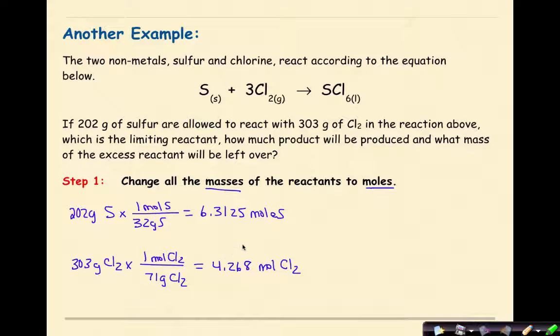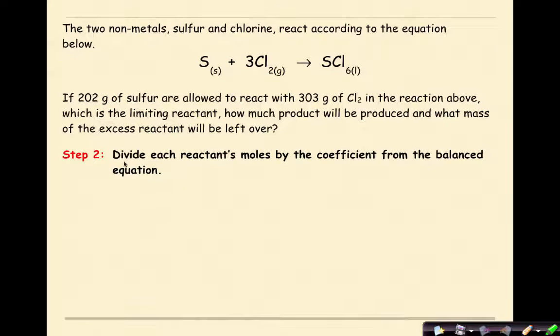The next step is to divide each reactant's moles by the coefficient from the balanced equation. So for sulfur, we had 6.3125 moles of sulfur, and we had 4.268 moles of Cl2.